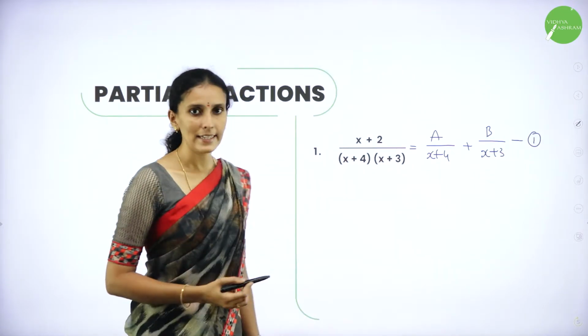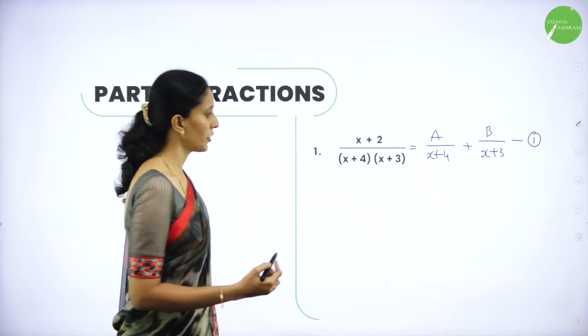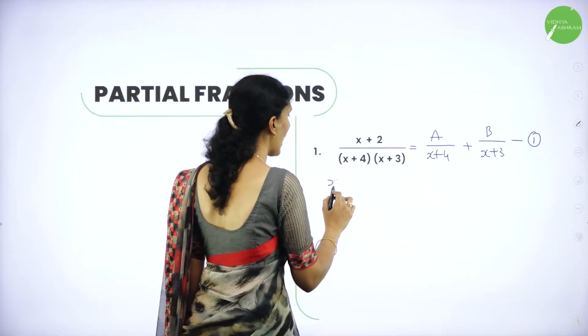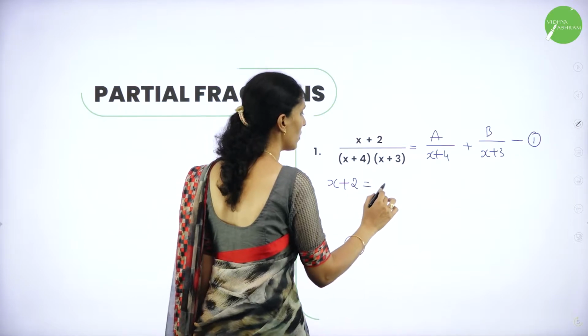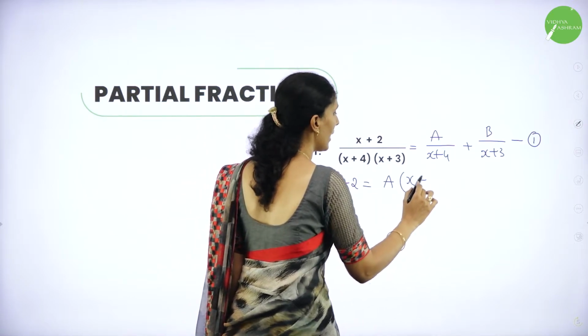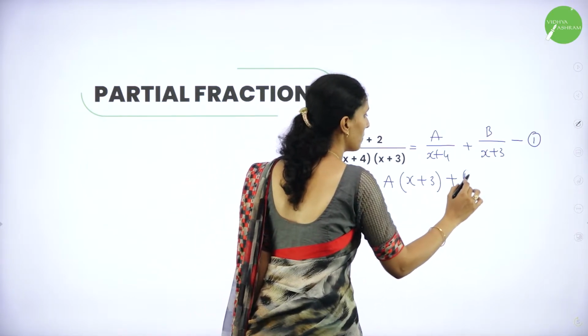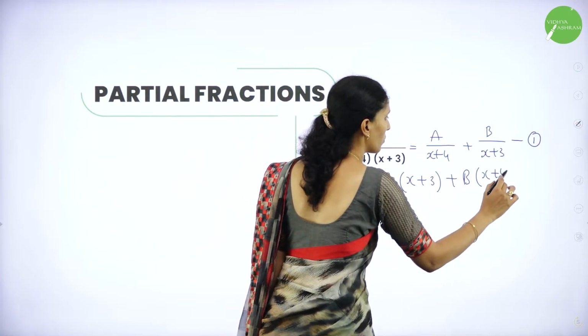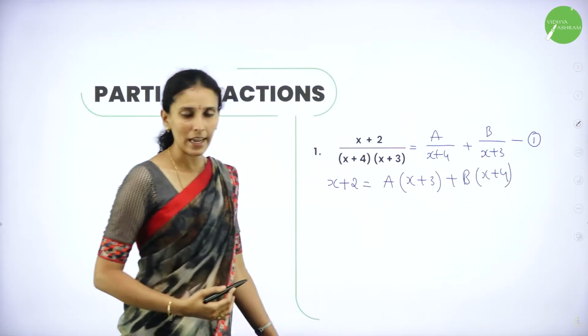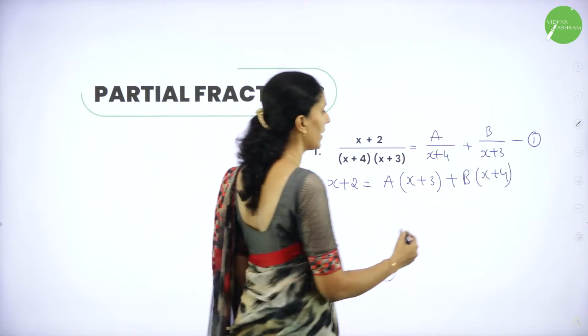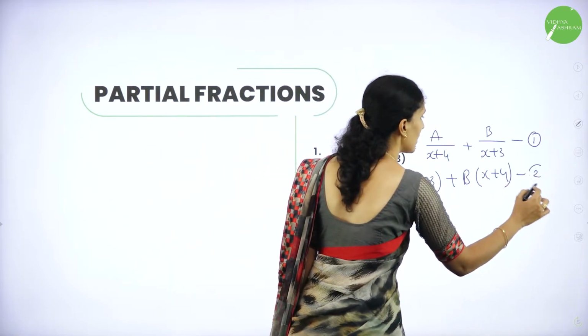Next I'll take the LCM and I'll equate the numerator. So what happens? I'll get x plus 2 is equal to A into (x plus 3) plus B into (x plus 4). Since the denominators are the same, we can equate the numerators. I'll take this as equation 2.